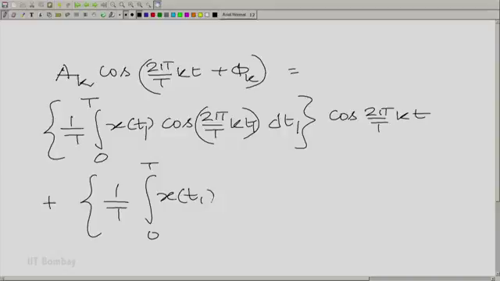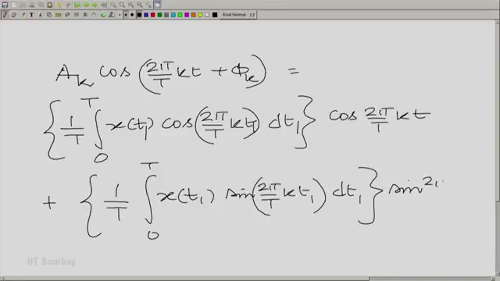If you like, we could make this t1 so that we do not confuse the variable of integration. So, now we have identified any one of those sinusoidal components, and now of course, we can construct all the sinusoidal components for positive integer k. Just one little detail needs to be completed.